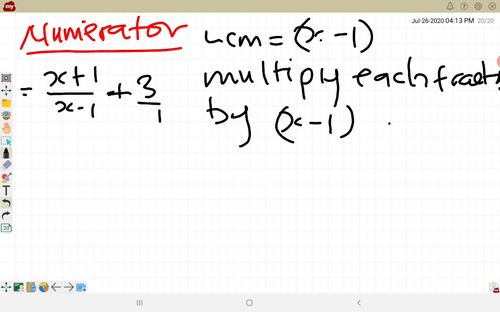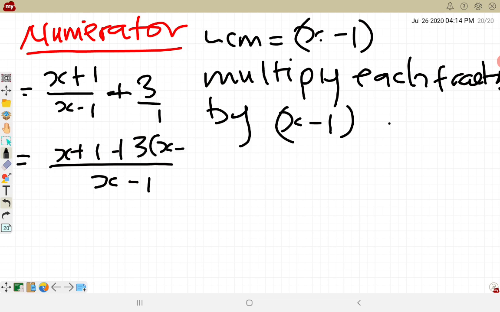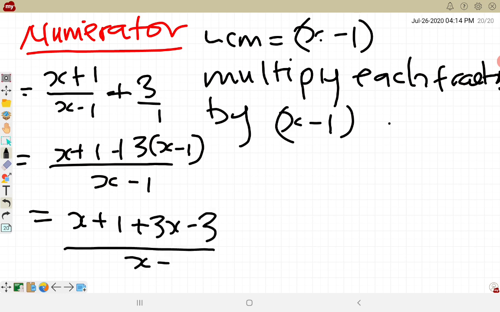We have to change them to a common denominator. So we have x plus 1 over x minus 1, plus 3 into x minus 1. If you open the bracket here, we have x plus 1 plus 3x minus 3 over x minus 1.